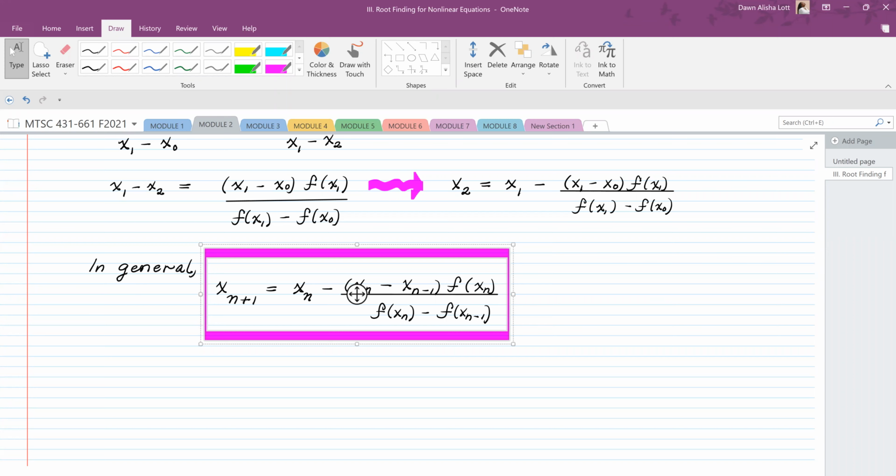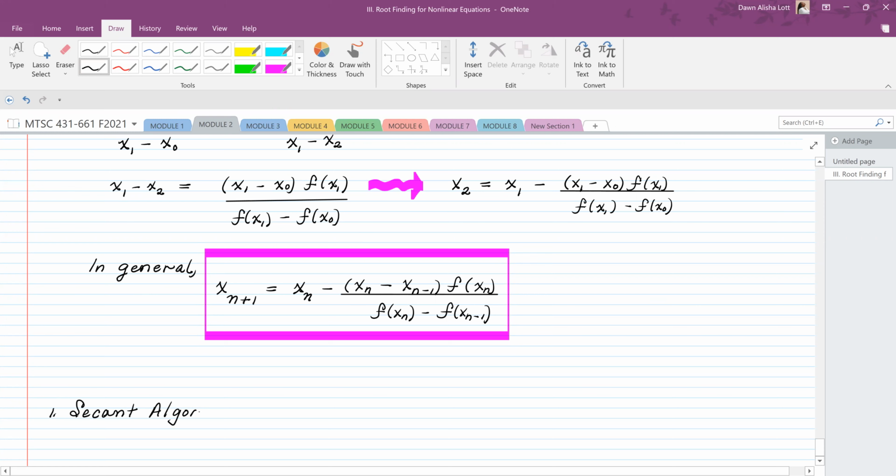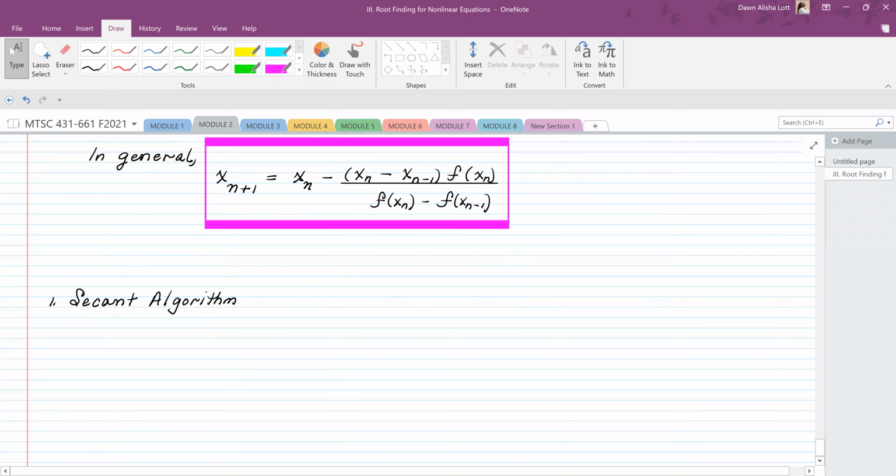All right, so let's look at the secant algorithm. We're going to do something similar to what we did before. We need to set iter equal to 1.